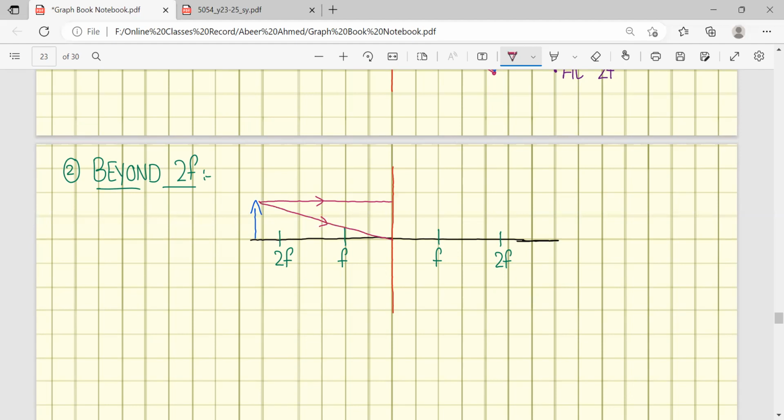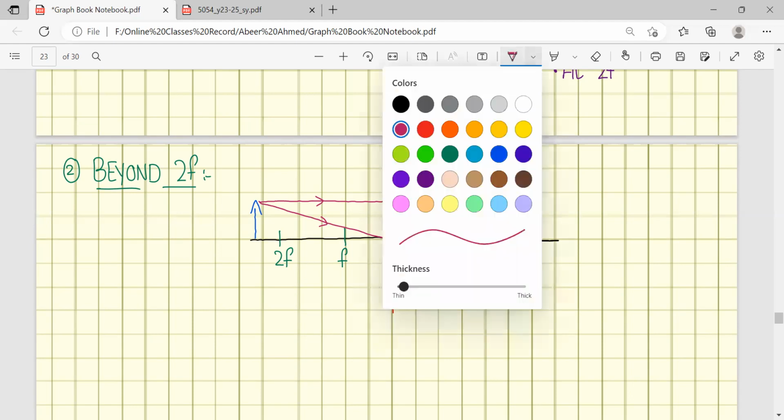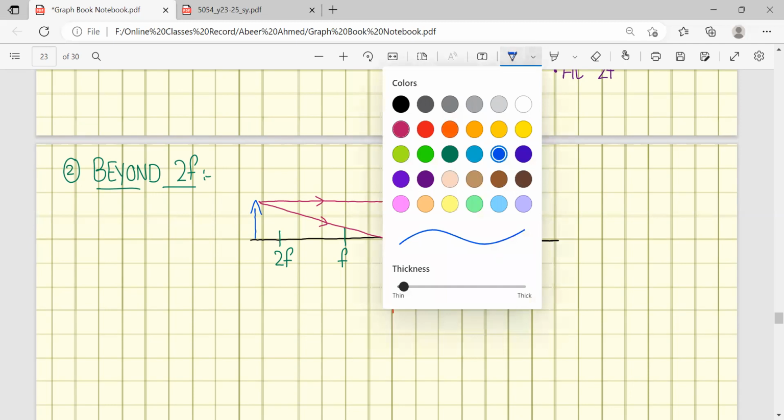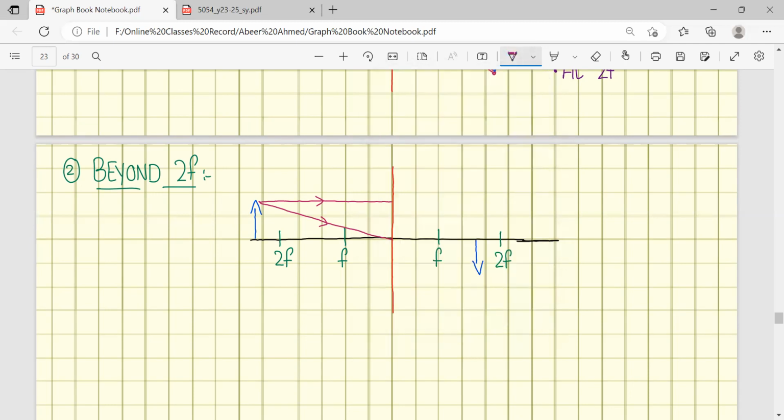Okay, now in this situation, the image is going to be formed between f and 2f, right? So the image is going to be formed between f and 2f. So the ray diagram, if we complete this ray diagram after passing through the lens, so light is going to be, right.